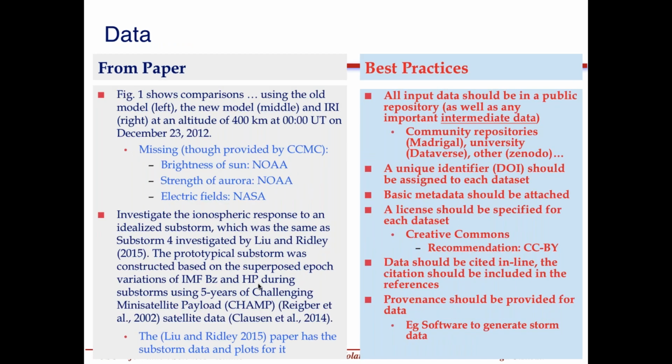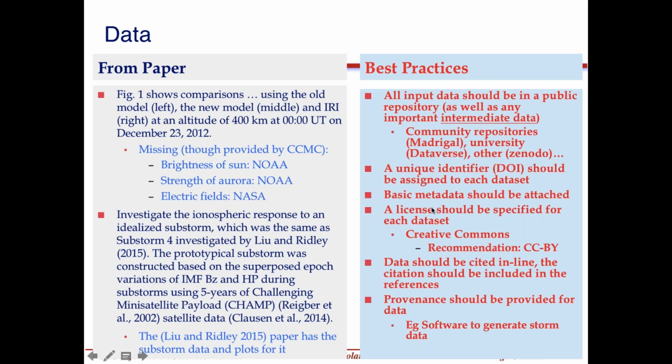There's also no pointer to the data and the plots about the substorm, although there's a pointer to a paper that describes the substorm that has the data, but never the software. So really the best practices are not followed.